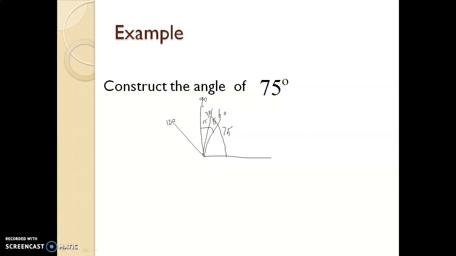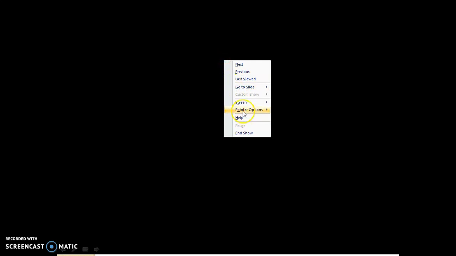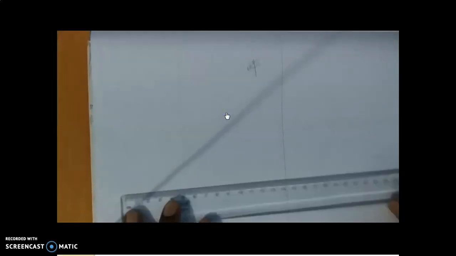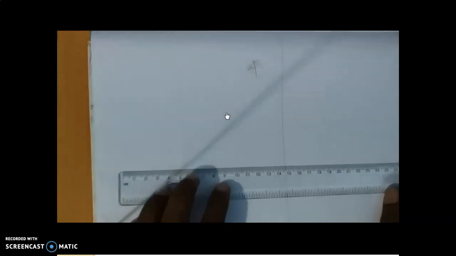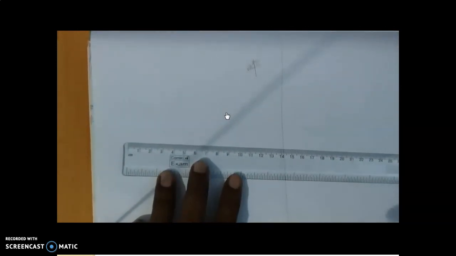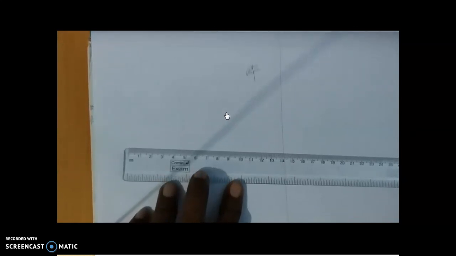Okay, so let us see the solution here now. Construct 75 degree angle. So how can we construct 75 degree? As usual first is 60 degree.